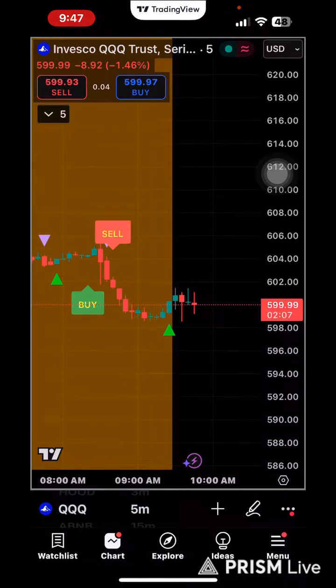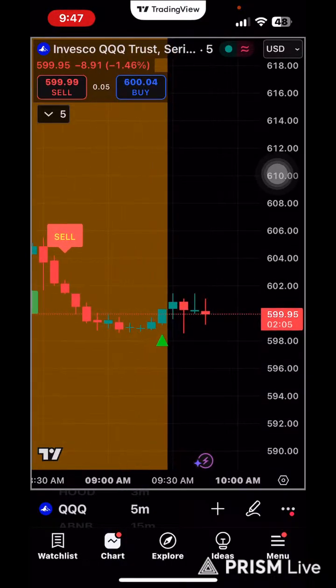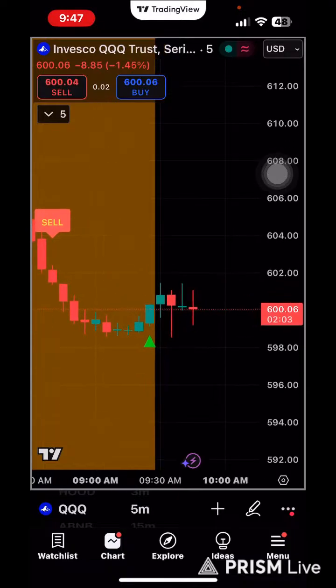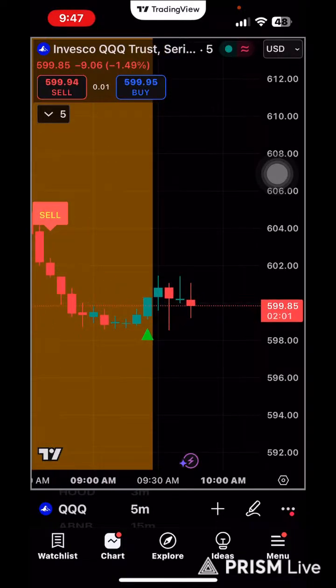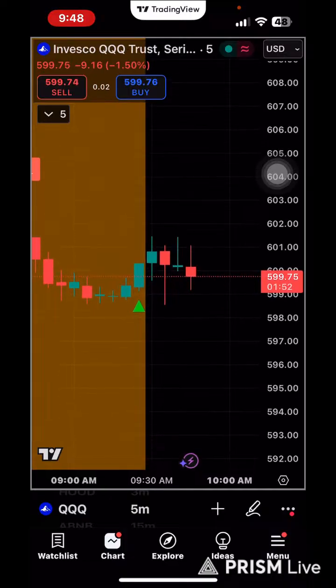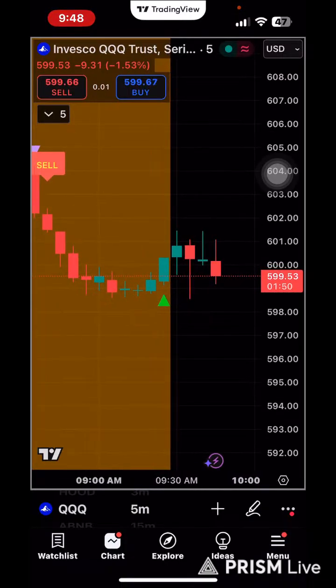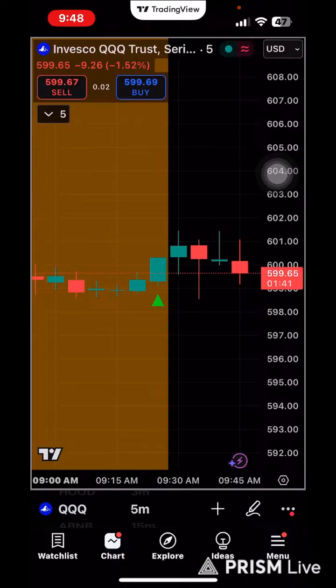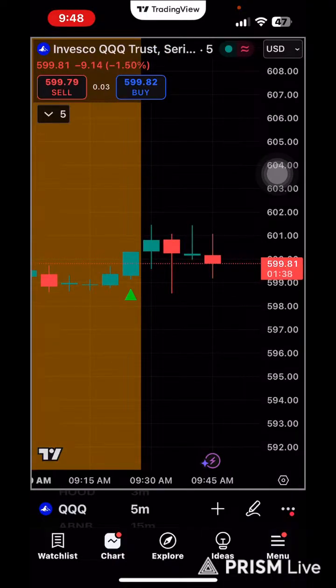And you can see that we're finally starting to get some red candles, which is the main thing that we're looking for today. All right, so let's see if we can close red here. We've got 1 more minute and 49 seconds on this candle. Let's see if we can close red and if it can be a bearish engulfing candle. Bearish engulfing means that it takes out the previous green candle.